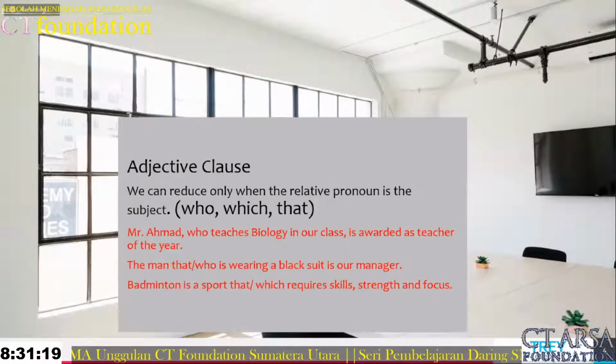So when you are shortening an adjective clause to an adjective phrase, not all adjective clauses can be reduced. What are those relative pronouns? Those relative pronouns are who, which, and that.